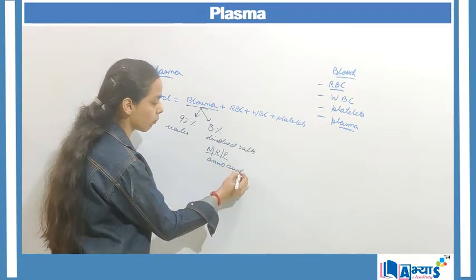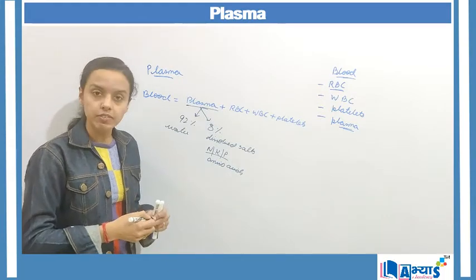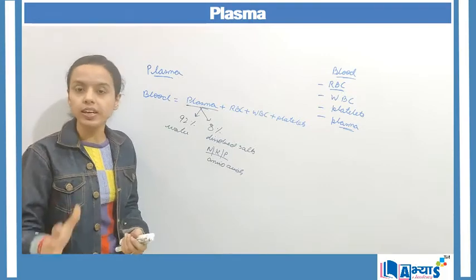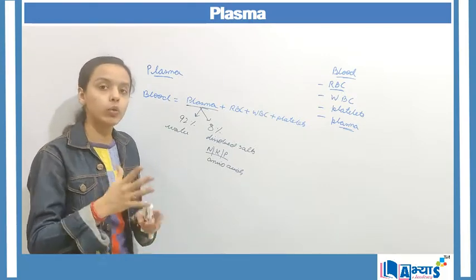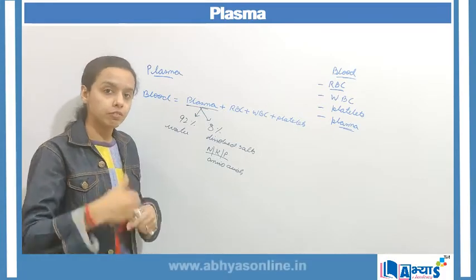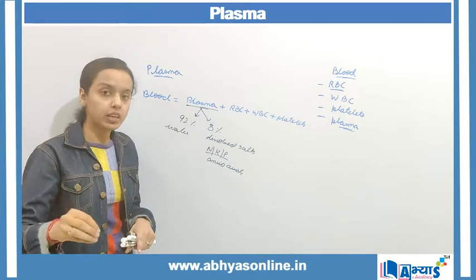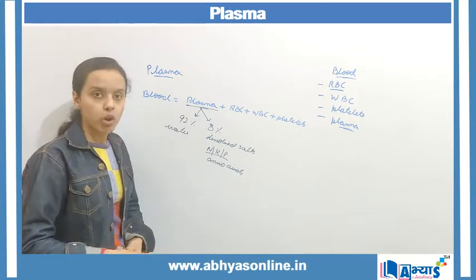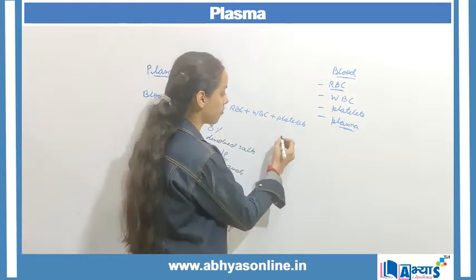This composition gives the plasma a yellowish appearance. So from this we can clearly define plasma as the clear liquid component of the blood, in which the red blood cells, the white blood cells and the platelets are embedded, or float.